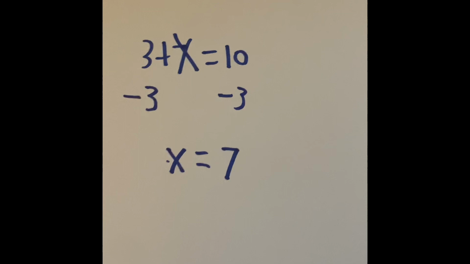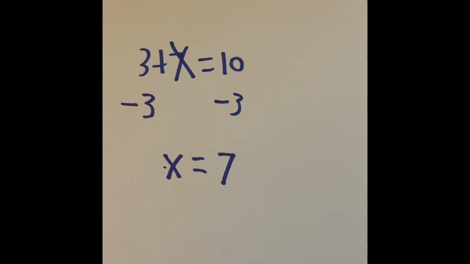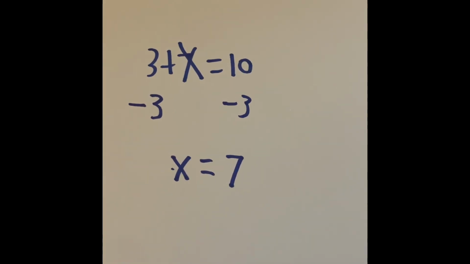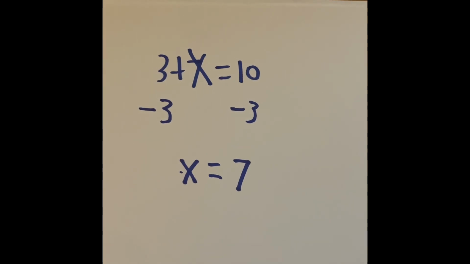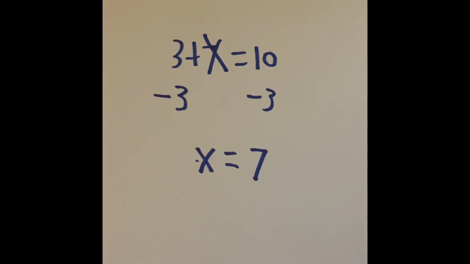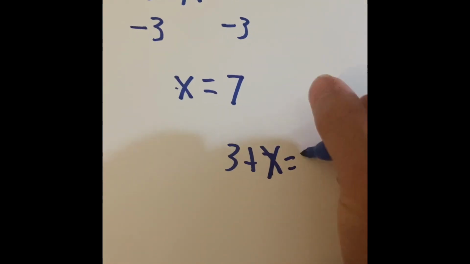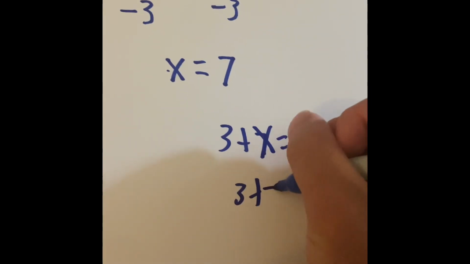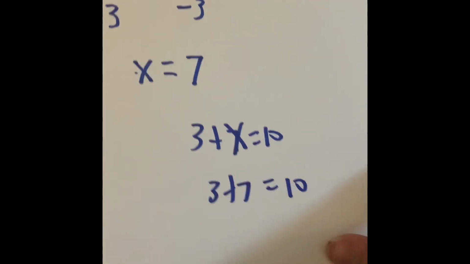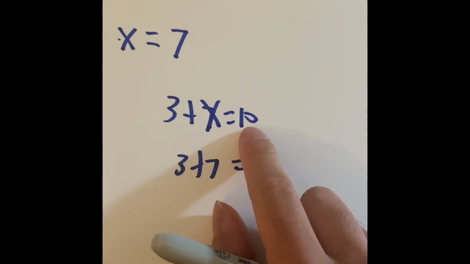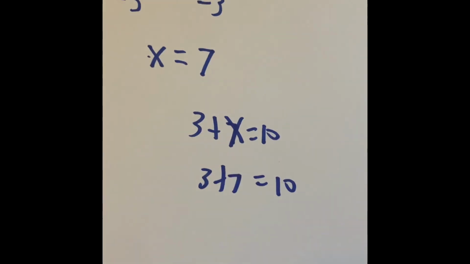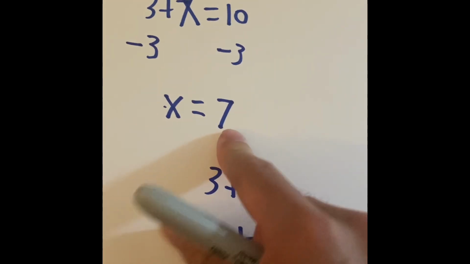So what we just did is we reversed the work and we got to what x represented as the unknown value. We did 3 plus x equals 10, 3 plus 7 equals 10. If you have 10 as the answer, work backwards to get the missing number.